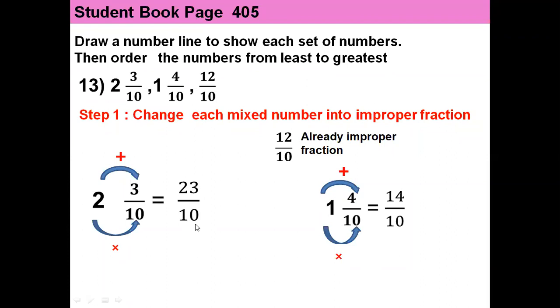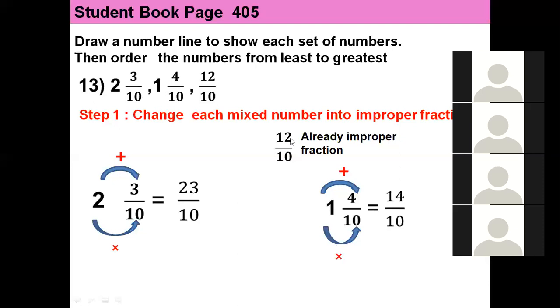The denominator never changes, okay? Here, 10 times 1 equals 10, plus 4, 14. And the denominator is the same. Okay, great job. Do we have to do something here? No. Because it's what? Already an improper fraction. Yes, great job. Thank you, Muhammad.